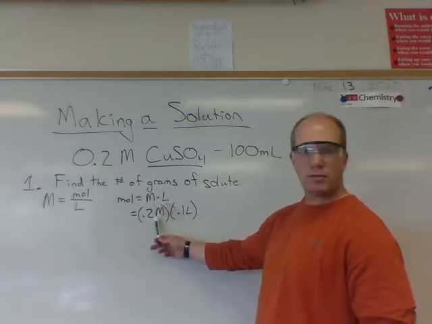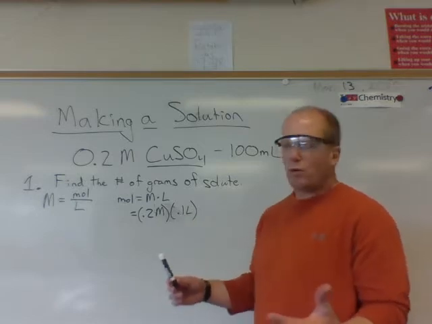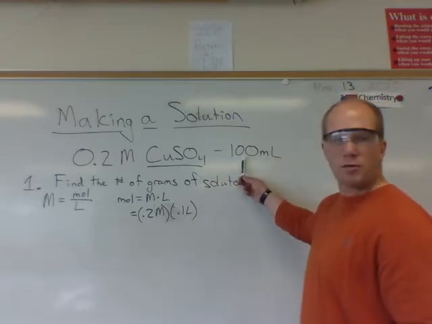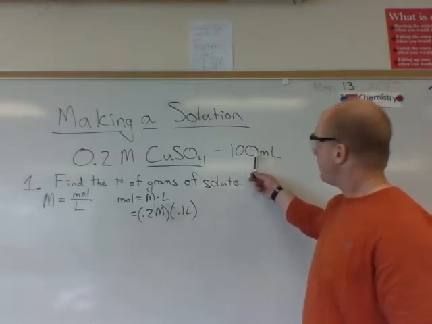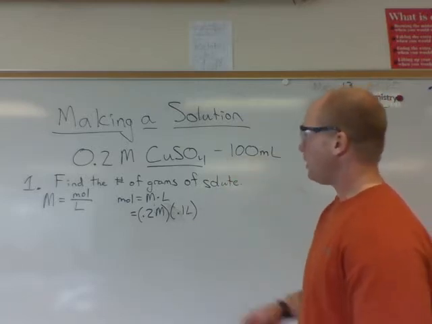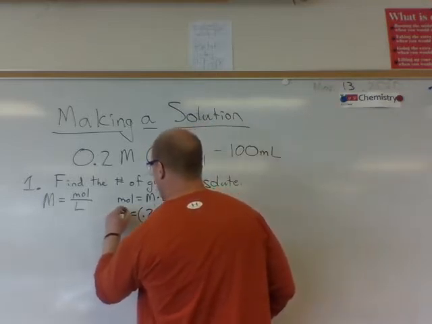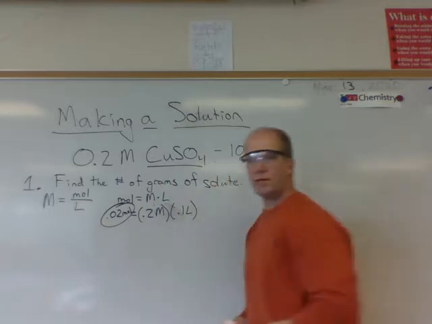So I plug that in. There's our molarity, there's our liters, 0.1. If you're like, where'd you get the 0.1 from, Flugum? Remember, it's 100 milliliters that we want, right? So if I move the decimal 3 places, that gives us 0.1 liters. If I do that math there, I get 0.02 moles. So that's how many moles we're going to have.